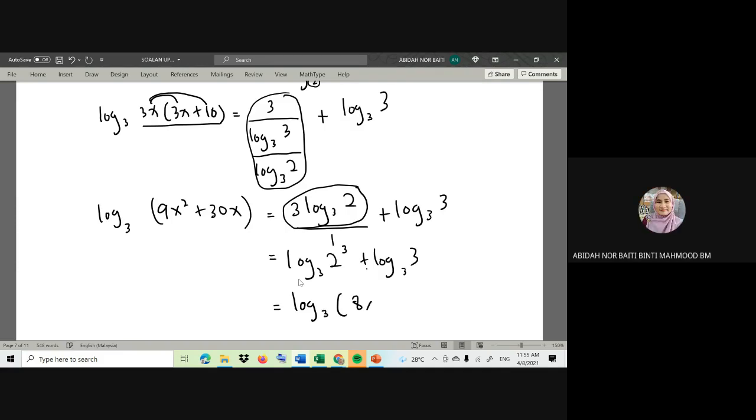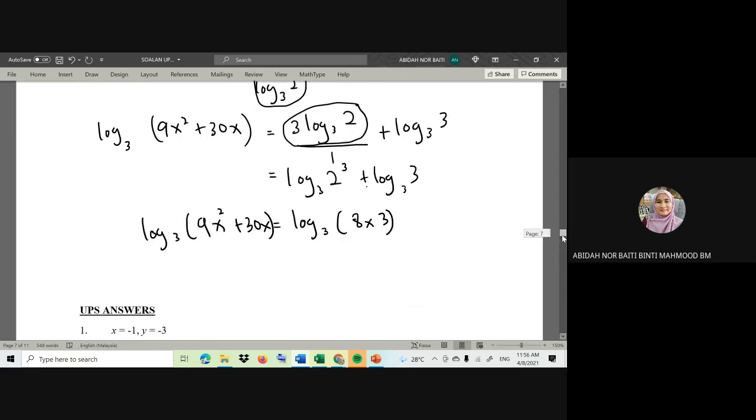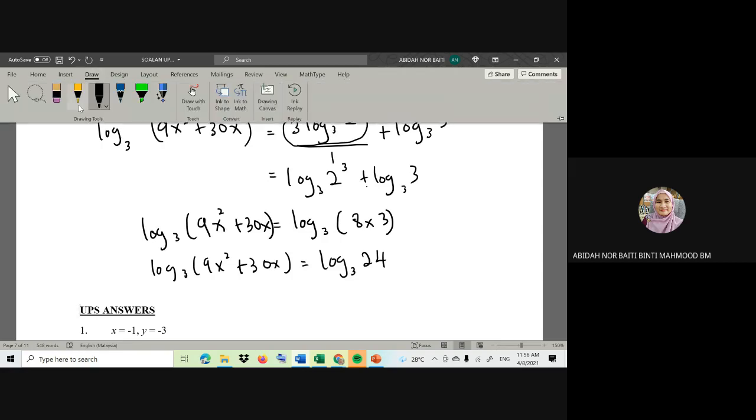Okay, so 8 times 3 ya. So ini yang kita nak. Kita nak apa? Single log both sides. Because we want compare its log. Okay, ini yang kita nak lah. Single log both sides. So darab saja 8 times 3 equals to what? 24. Log 24. Boleh ya?